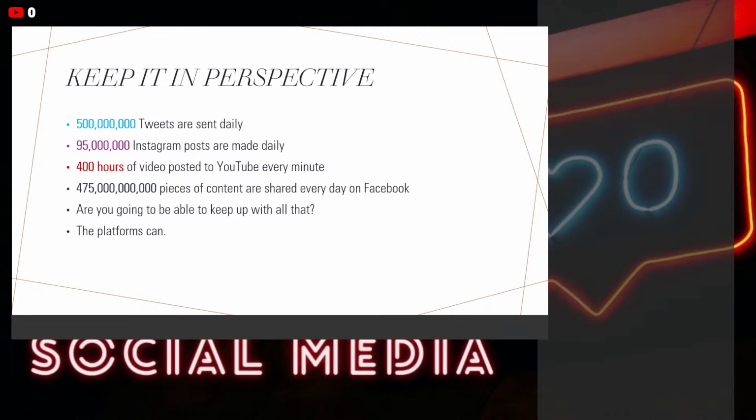YouTube is able to keep the analytics for the 400 hours of videos posted to YouTube every minute because it's part of their business model. Their revenue sharing, they have to be able to keep up with it to be able to work with partnered channels. Every single social media platform, regardless of what it is, has the ability to keep up with this data.